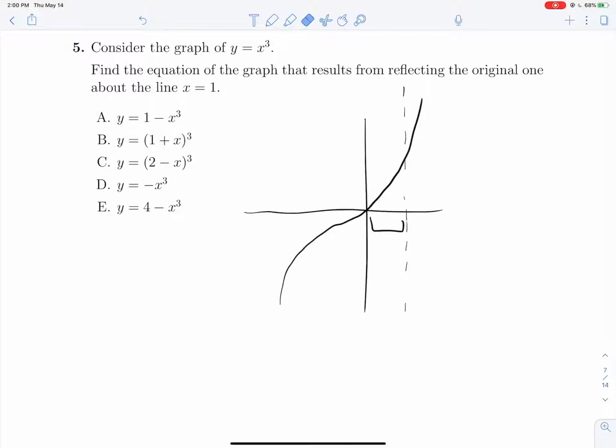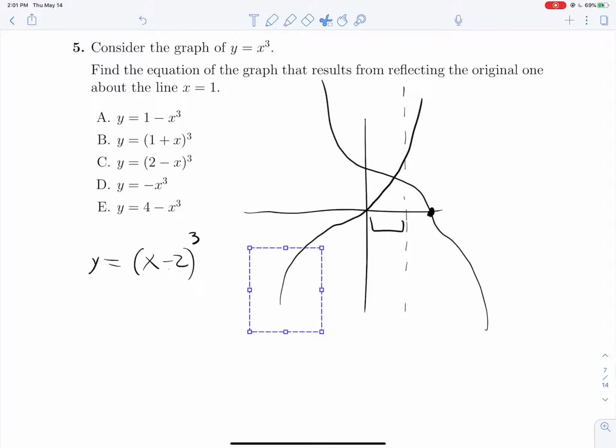So for our reflected line, we want that to be, whoops, that's a terrible x cubed, but we want it to be 1 unit away on the other side of x is equal to 1. So let's start this process by saying y is equal to x minus 2 to the third power.